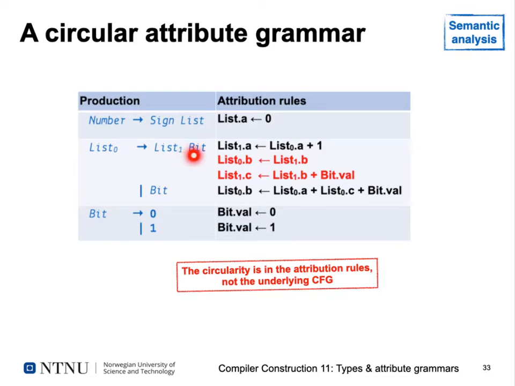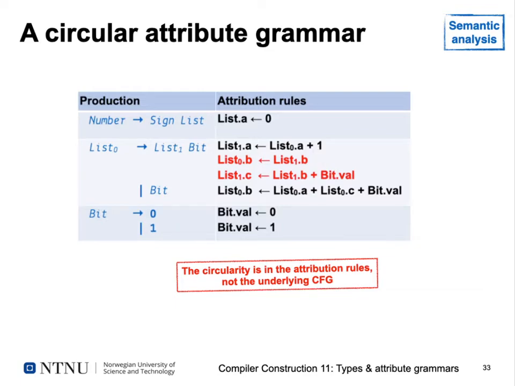We assign the right hand to the left hand side attribute, and we finally increment our value by our bit value. And if we read a single bit, then we add these together here, and for bits we do the same as before. Now the circularity that actually happens is somewhere here. Let's take a look at this in detail.